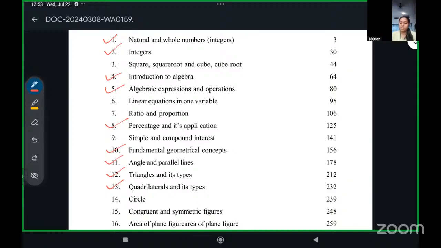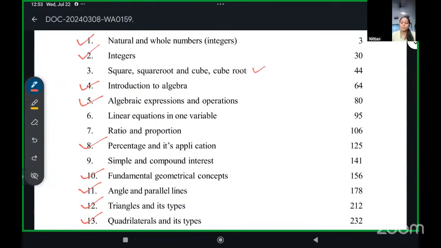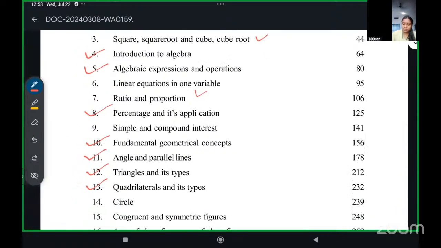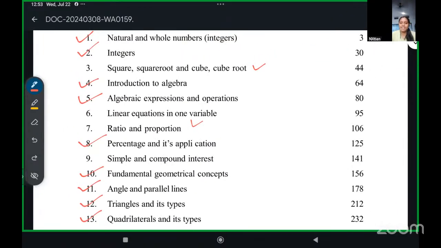Now I am thinking we can start with the third chapter, square root, cube, and cube root. The seventh chapter I will do later on, because we just finished a whole lengthy and heavy chapter. I don't want to start another lengthy chapter.